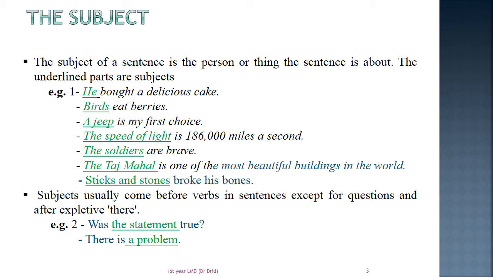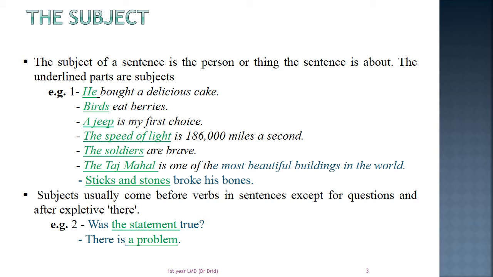We notice in these examples that the subjects come before the verbs in sentences. This is in the English language. Other languages may have the subjects in other positions. There is an exception in English about the position of subjects. Here it is the case of questions and after the expletive there, and we have seen this in the previous lesson.